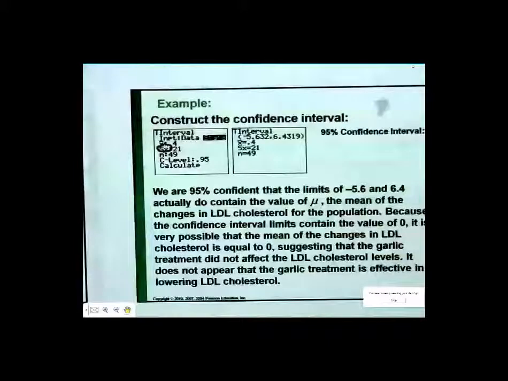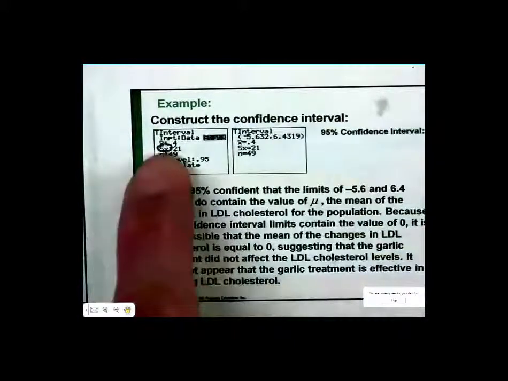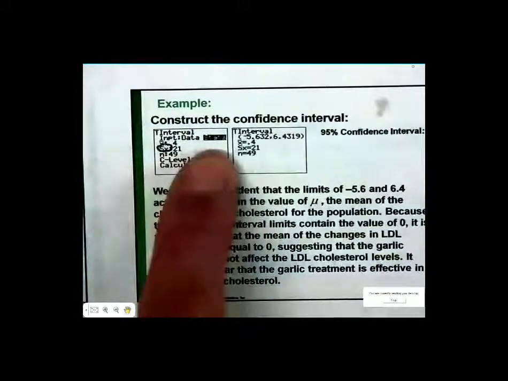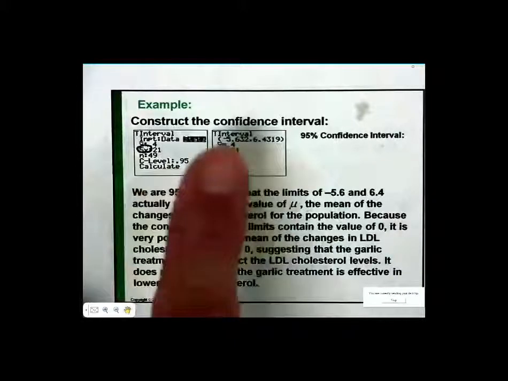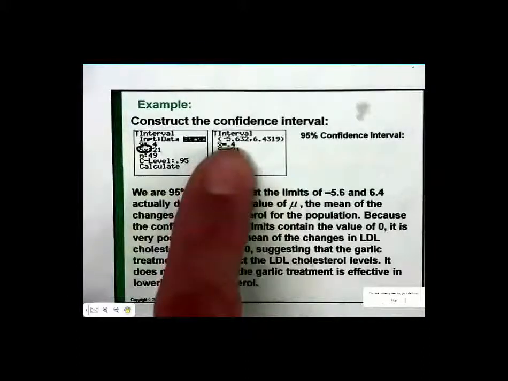Sample standard deviation is 21. Sample size is 49. And the confidence level is 95. I am 95% confident that the true population mean lies between what and what?